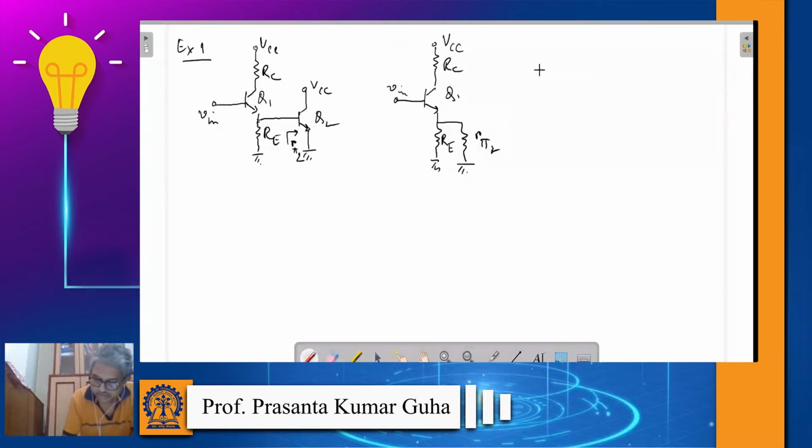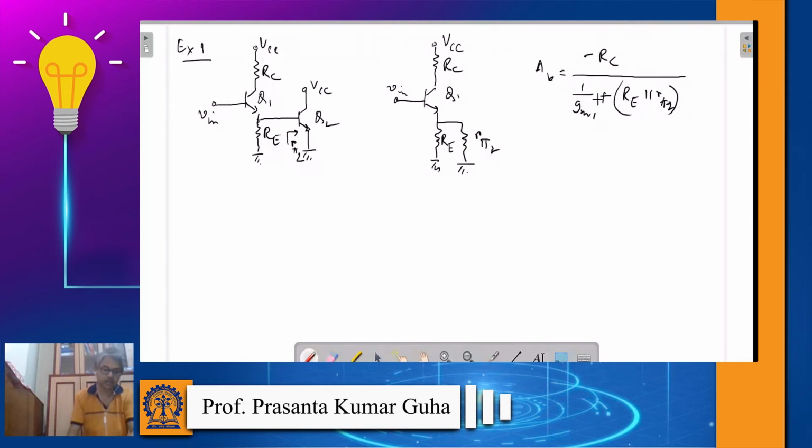You can straight away write the gain equal to the resistor connected at the collector over 1 by gm1, the transconductance of transistor 1, plus RE parallel R pi 2. We have learned that from the base side, if you look, the input resistance is R pi if the emitter is grounded, which is the case with Q2.